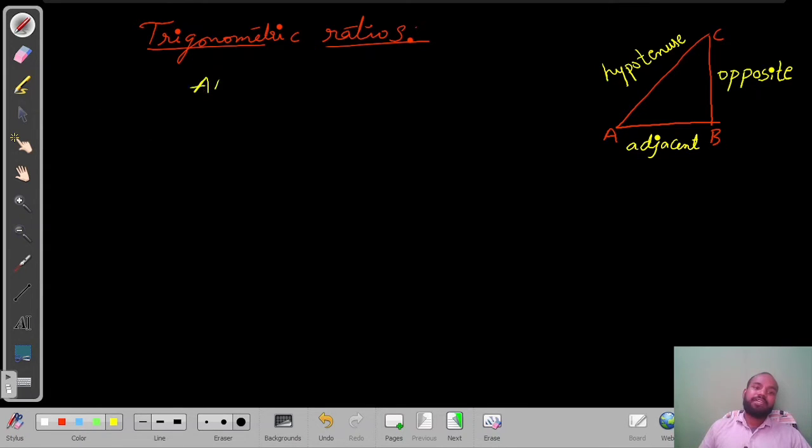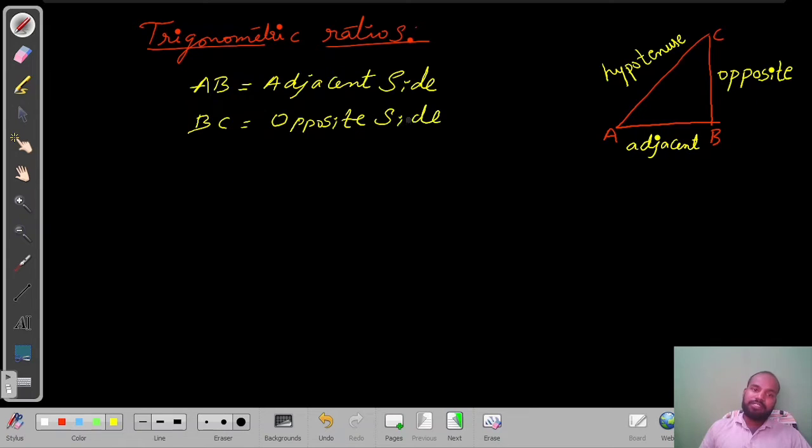So I am writing here: AB equals what? AB is the adjacent side. Don't confuse. For your clarity, I am explaining each and everything from the base level. Now what is BC here? BC equals the opposite side. Now what is AC?